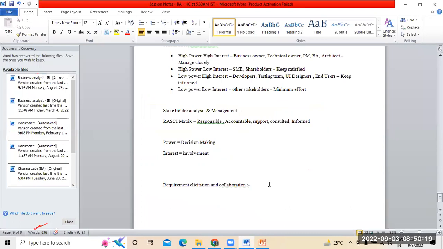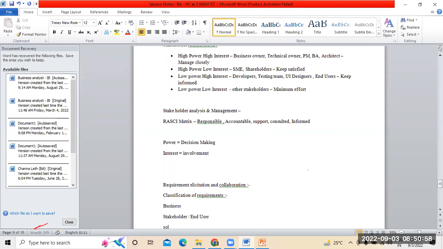So based on this, we have to classify the requirements. What is the classification of requirements? First, business requirements. Second, stakeholder or end user requirements.